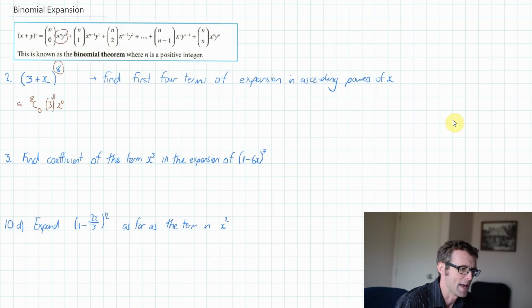And I can go into a little bit more detail if you want. 3 plus x, if this is to the power of 8, we're going to have 8 of these brackets.